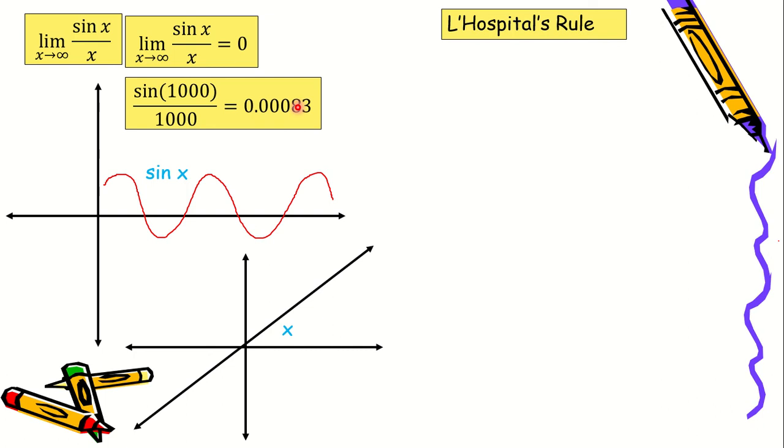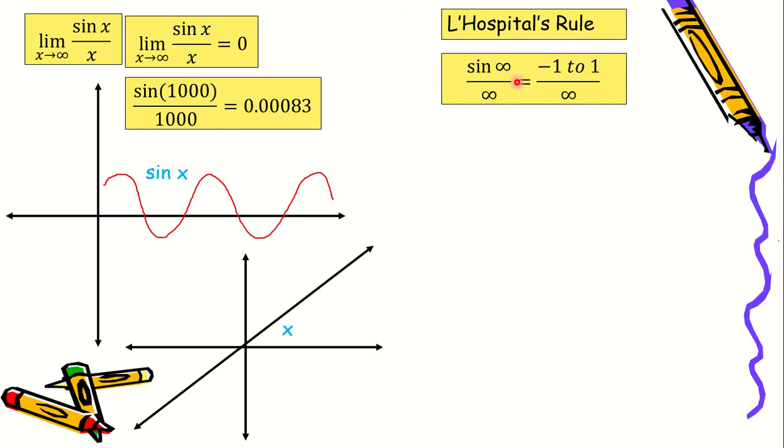Actually, can we use L'Hospital's rule in this particular problem? It turns out na hindi natin pwedeng gamitin yung L'Hospital's rule. Sine infinity over infinity is not an indeterminate form.